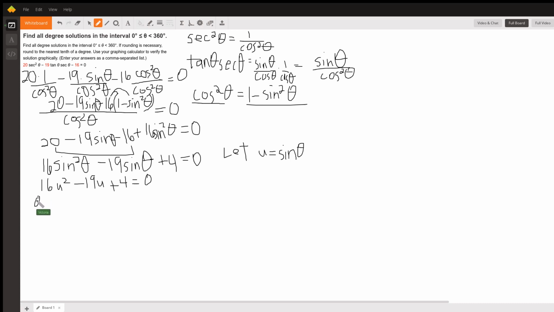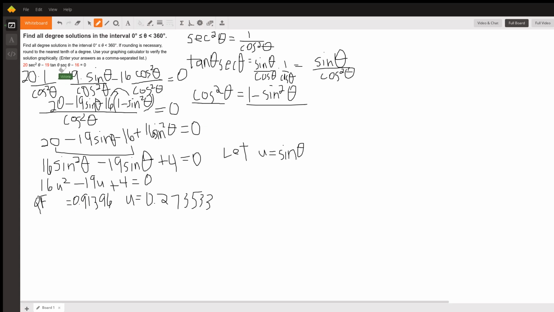So if you use the quadratic formula, you find that u equals 0.91396, and the other u is 0.273533. Now remember, each of those u's is really sine theta.